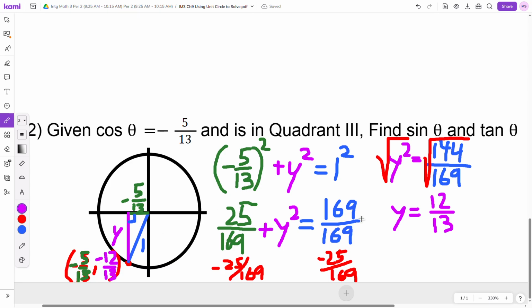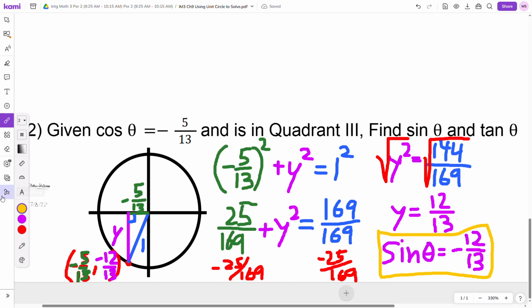So what I'm saying is that the sine of theta, which we don't know what that angle is, we could use a calculator at this point, but that's not part of this test, so we don't have to do that, is negative 12 over 13.